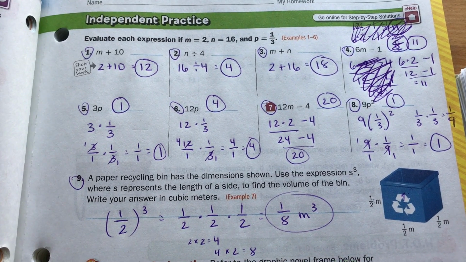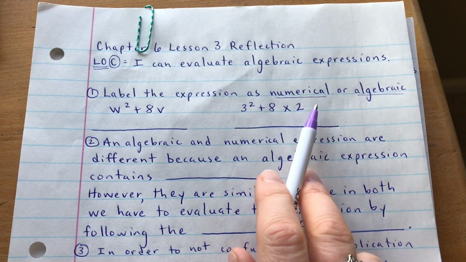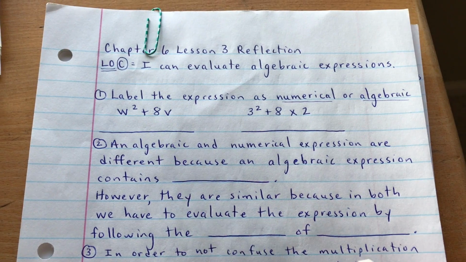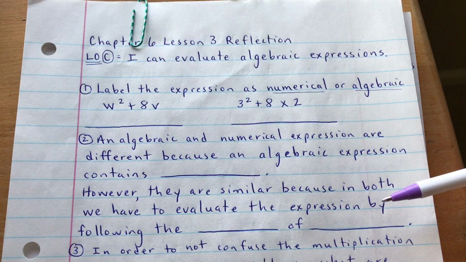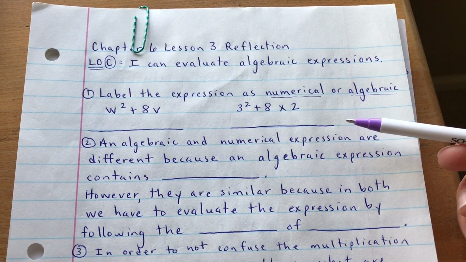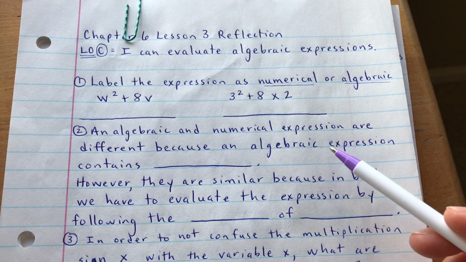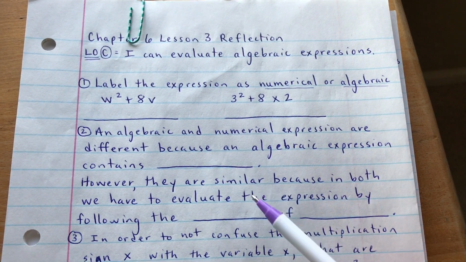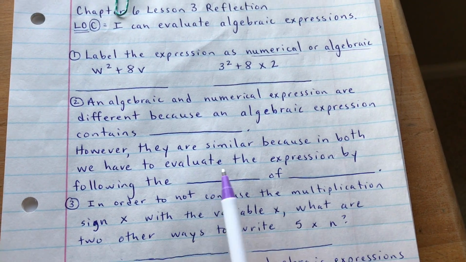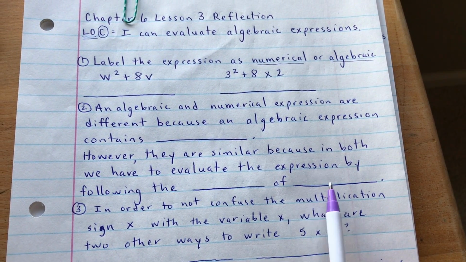Time for the reflection. So here's the lesson 3 reflection for I can evaluate algebraic expressions. Label the expression as numerical or algebraic. So one of these is numerical, one of these is algebraic. In number 2, an algebraic and numerical expression are different because an algebraic expression contains what? However, they're similar because in both we have to evaluate the expression by following the blank of blank.